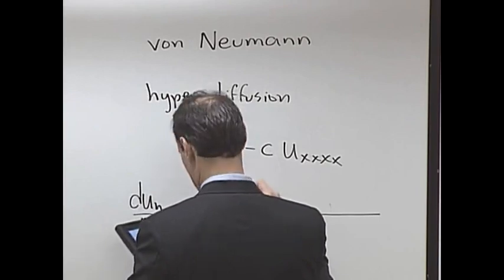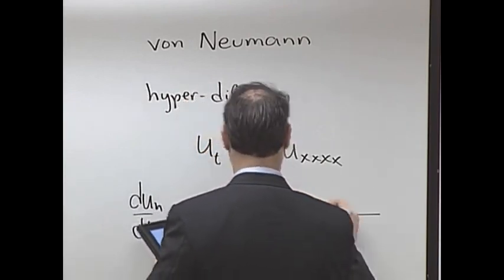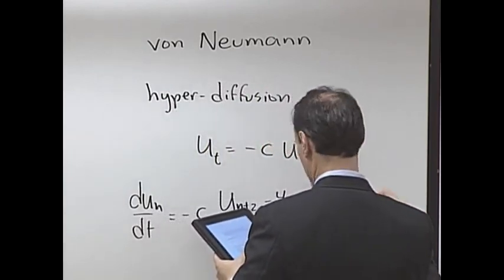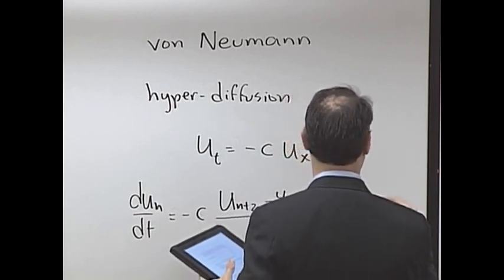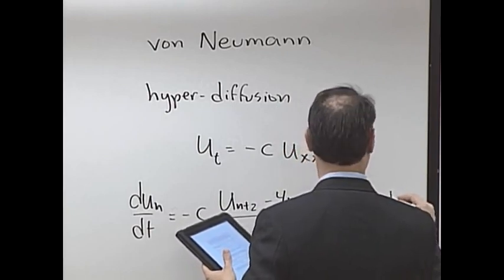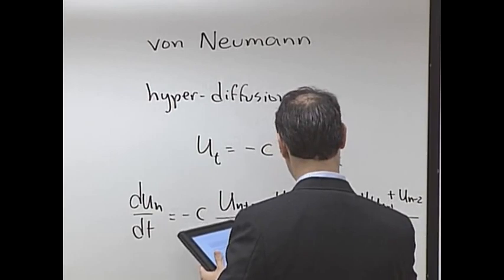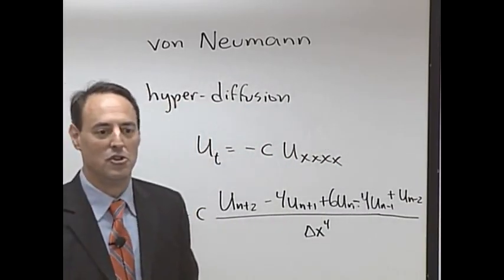Here's what it looks like: (u_{n+2} - 4u_{n+1} + 6u_n - 4u_{n-1} + u_{n-2}) all over delta x to the 4.